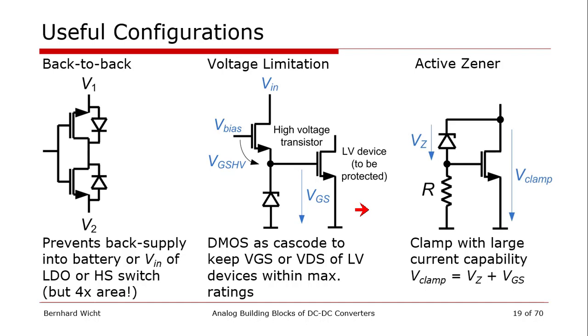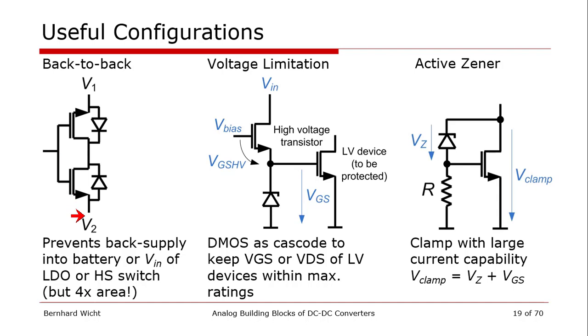That brings me to some more useful configurations with power switches, which I want to summarize on this slide. On the left, we see a so-called back-to-back configuration. The standard case is that we have an input voltage and we bring that voltage down to a lower voltage V2. But this is not always the case.